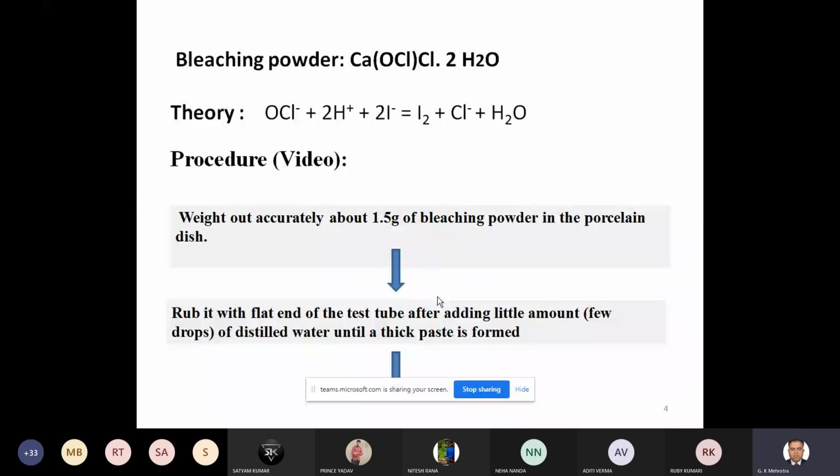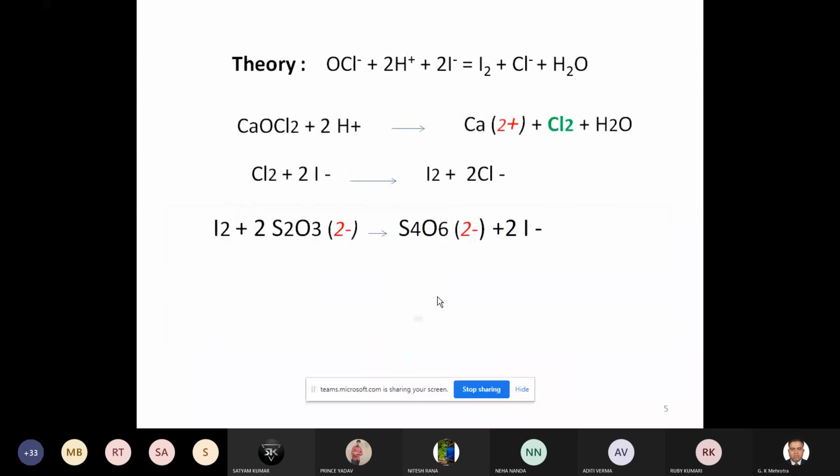To elaborate this more, CaOCl2 reacts with 2H plus to give you calcium 2 plus plus Cl2. Now this Cl2 is the available chlorine which is released when bleaching powder is reacted with any acid. Then this Cl2 will react with the potassium iodide component, and iodine is released, and Cl minus ion would be formed.